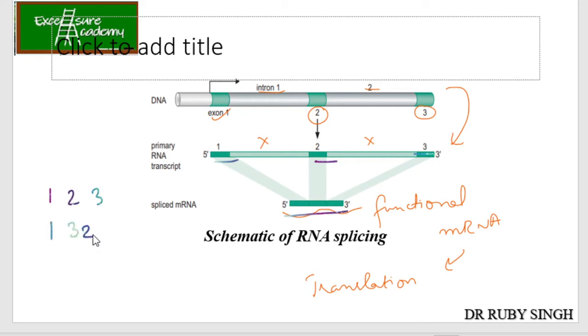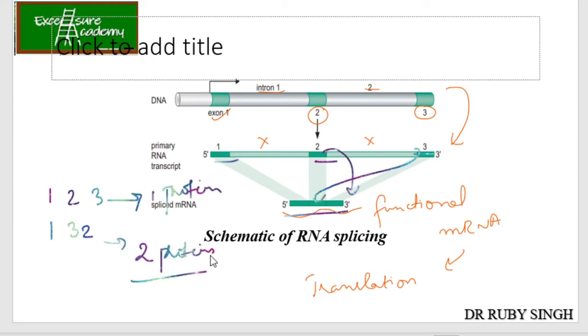This portion will come here and this portion will come here. So this will encode for one particular kind of protein and this will code for a second type of protein. So from the same portion of the DNA, you can have different forms of protein coding. Many possibilities are possible.